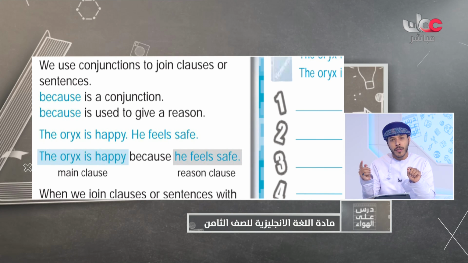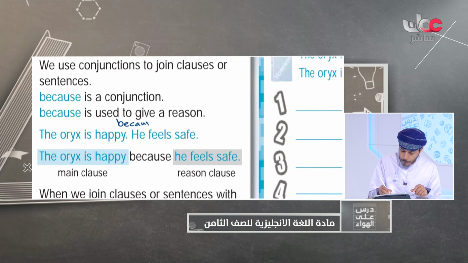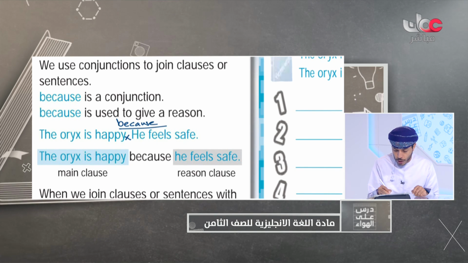He has brown hair, full stop. No, I can say Ali is tall and he has brown hair. So we can link sentences together by using, for example, because, and we delete the full stop here and we keep the capital H, he. So the oryx is happy because he feels safe.